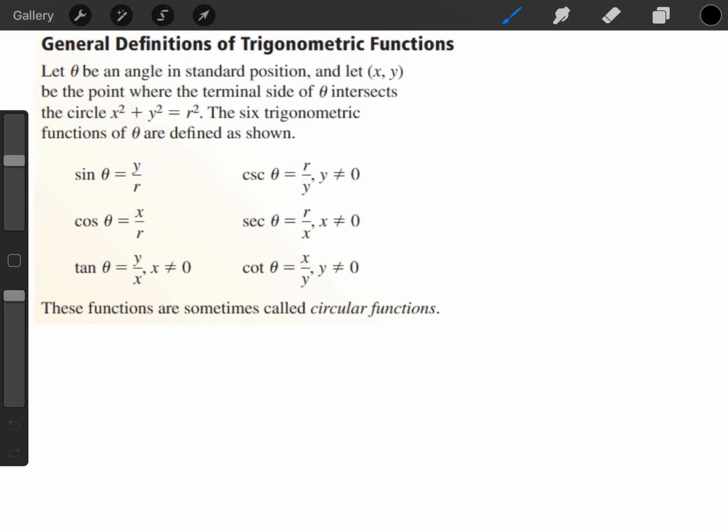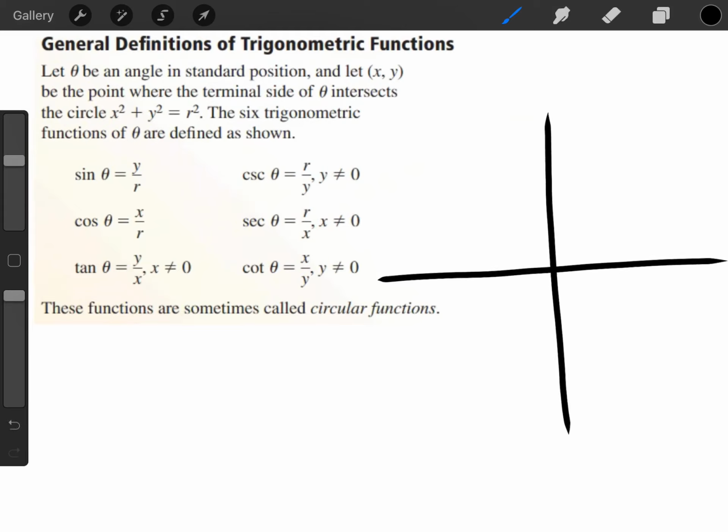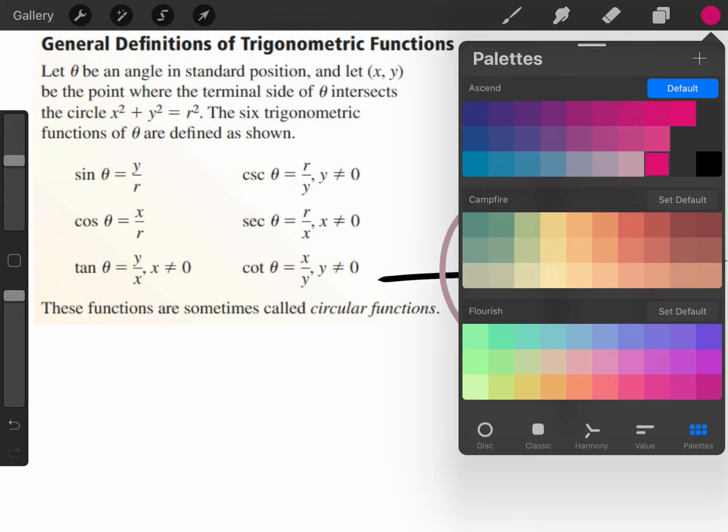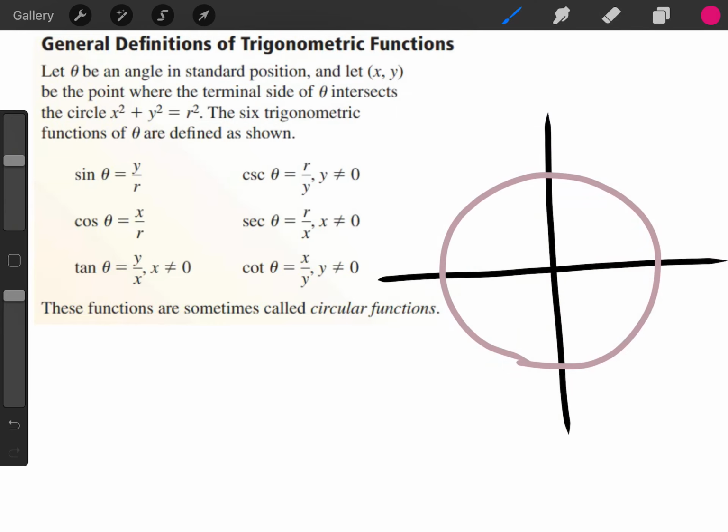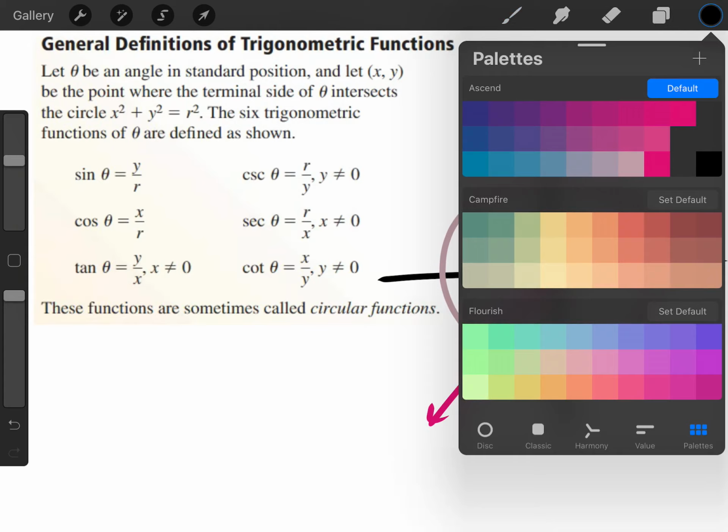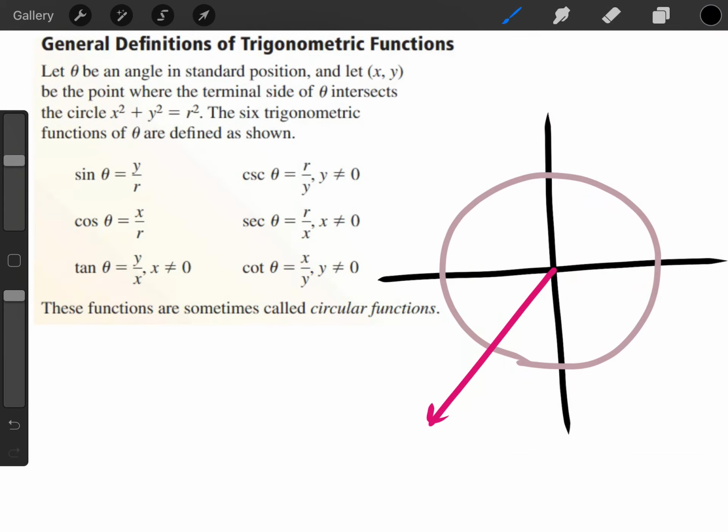Okay, so this is what happened here. If I give you guys the XY axis, and I'm going to give you guys a circle around four quadrants like this. Okay, and I said that any terminal side you want to draw, for example, like this, this terminal side is going to intersect with the circle at one point like this.